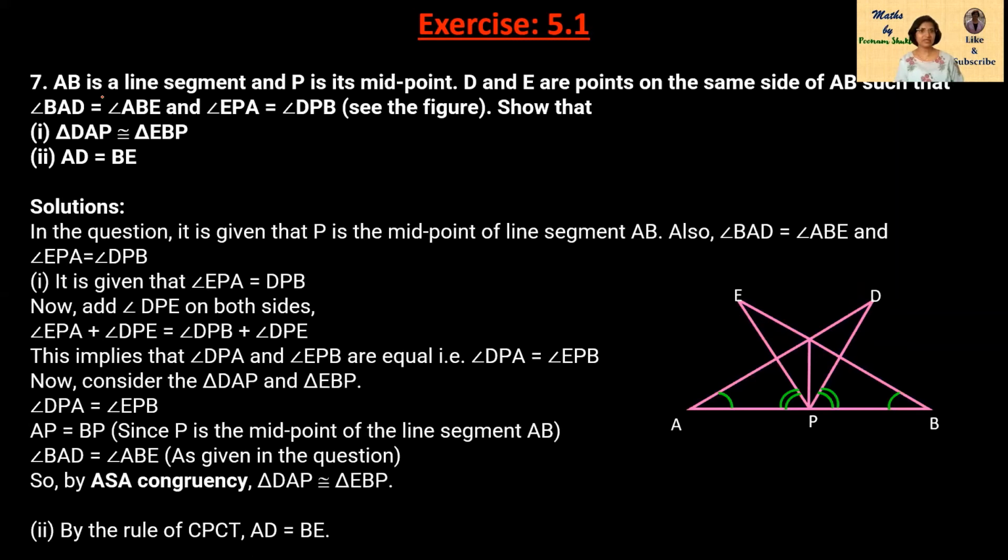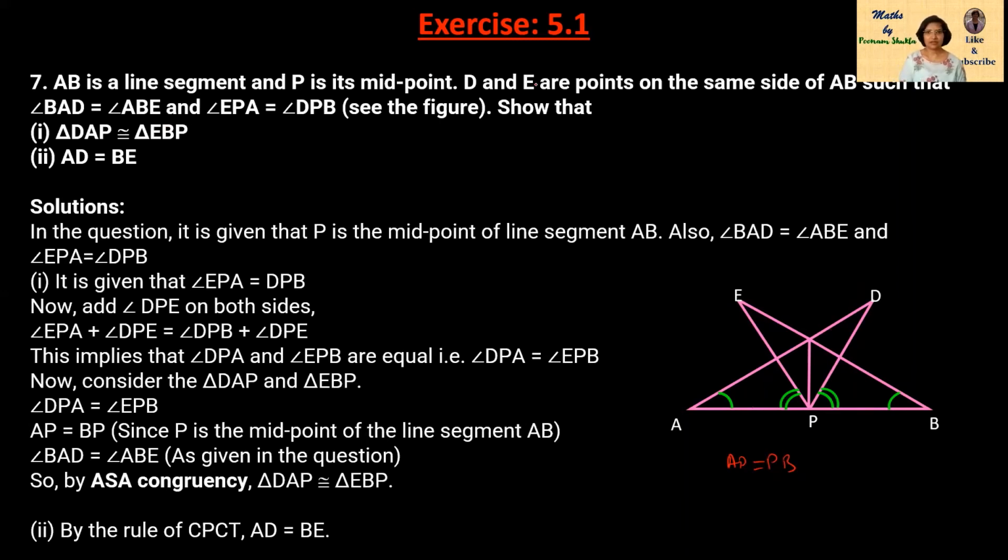Question number 7. In question number 7, AB is a line segment and P is its midpoint. So AB is a line segment, P is its midpoint. Midpoint, that means AP equals PB, or BP, you can say.